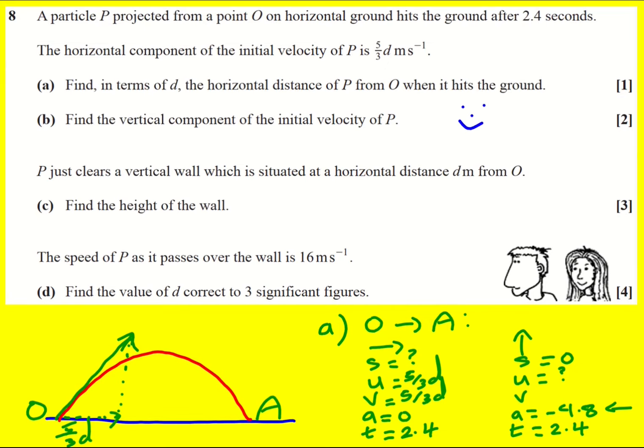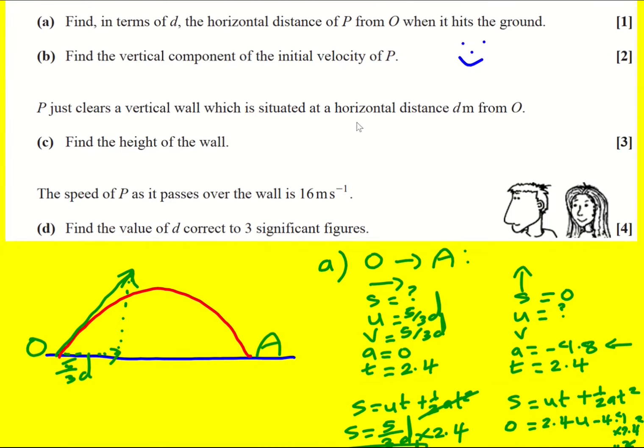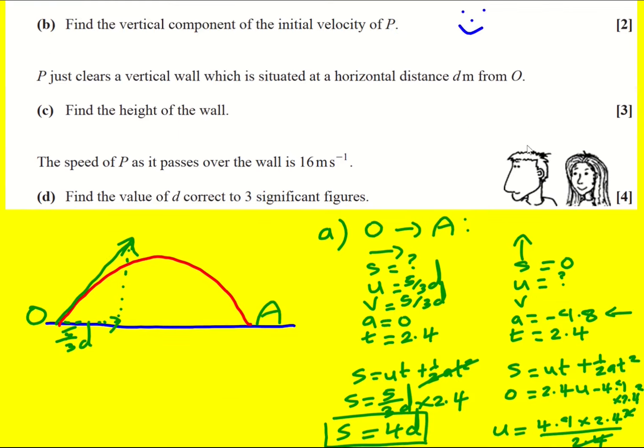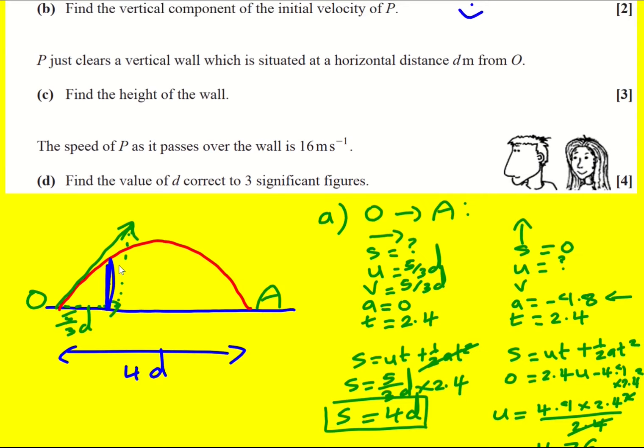We're then told that the particle just clears the vertical wall, which is situated at a horizontal distance d from O. So we've worked out that the whole distance is 4d, and therefore this wall probably is going to be around here. It doesn't really matter, but there it is on my diagram. And we're asked to find the height.